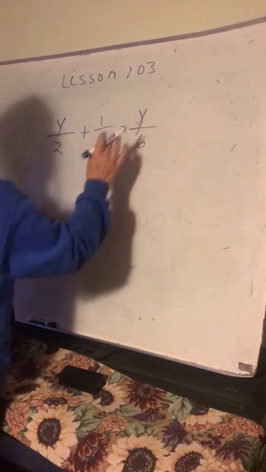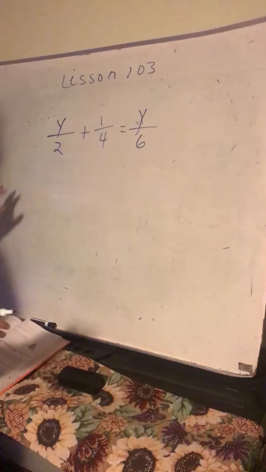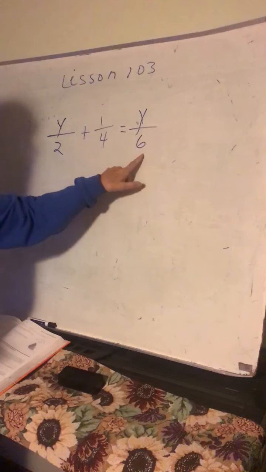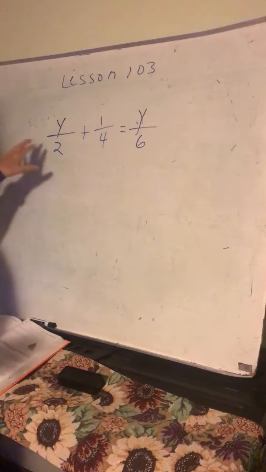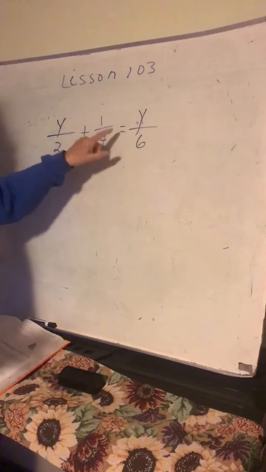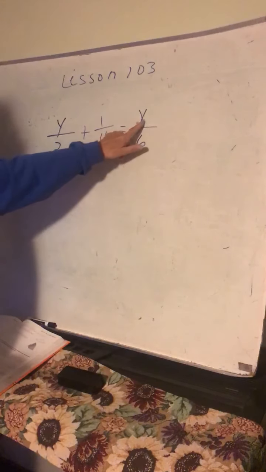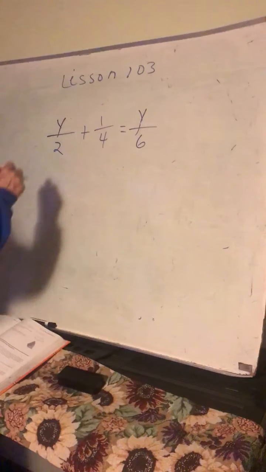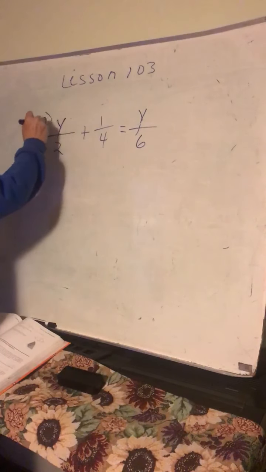Since it's an equation, has an equal sign, rather than change the denominators like we've done when they're just expressions, we're going to cancel out the denominators by multiplying by the LCM. So we're looking for the common denominator that each one of these will go into, and that number for this one will be 12.